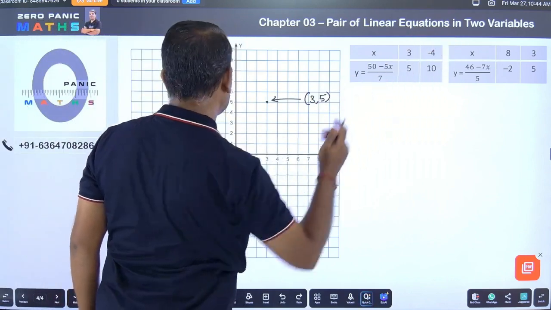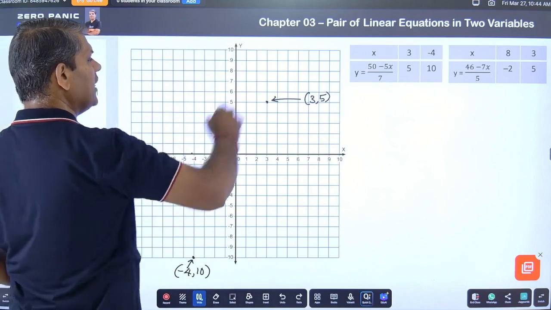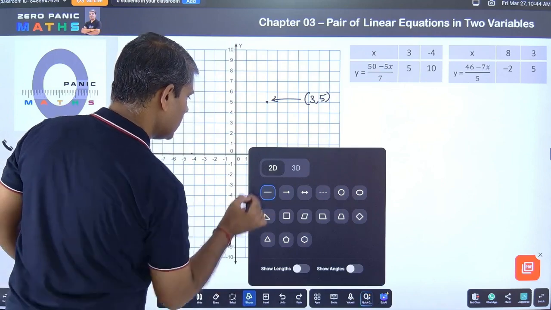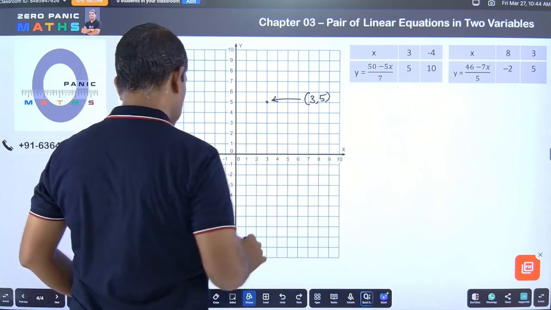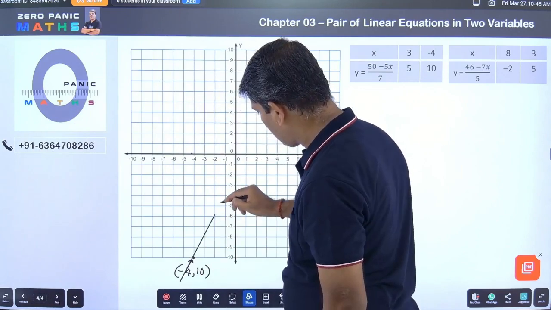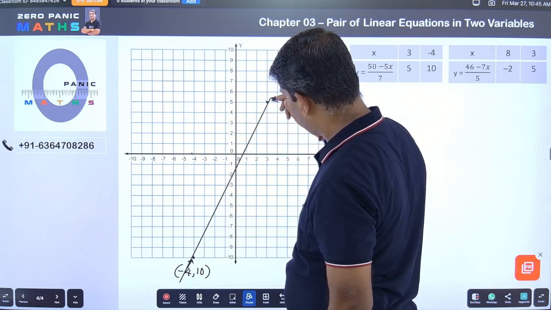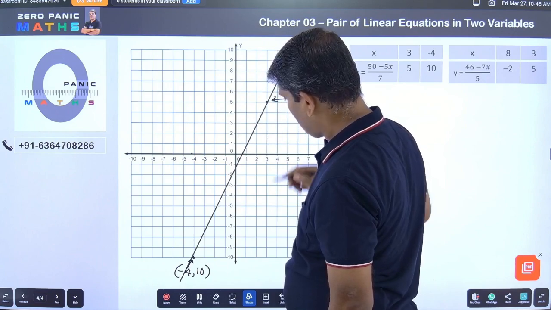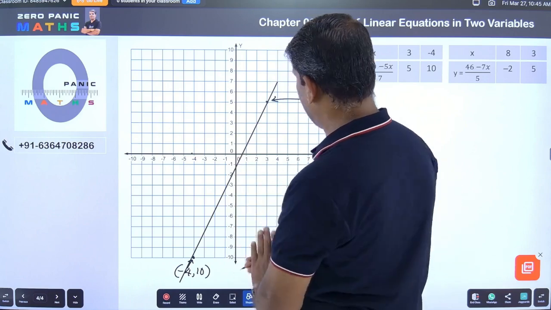Now going to the second line. Okay, so before going to the second line, let us draw the line. Let me draw that first. Okay, let it be that line.